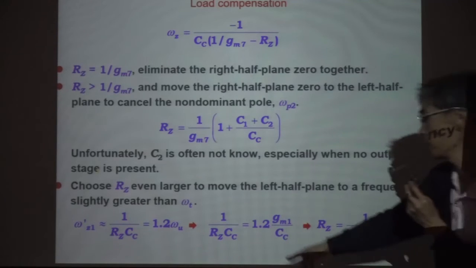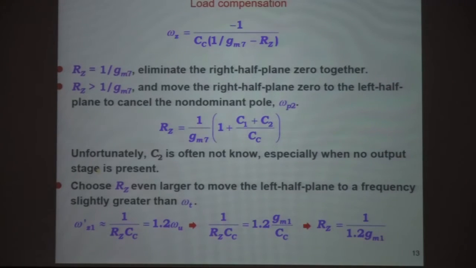Okay, could you read this one? Choose RZ even larger to move the left-half-plane 0 to a frequency greater than omega t.